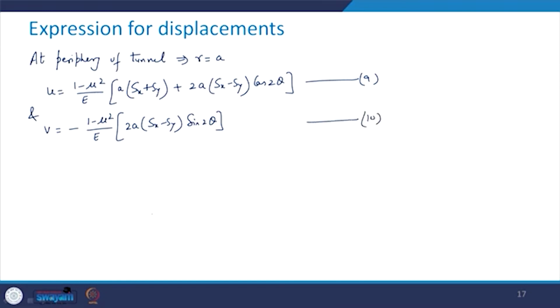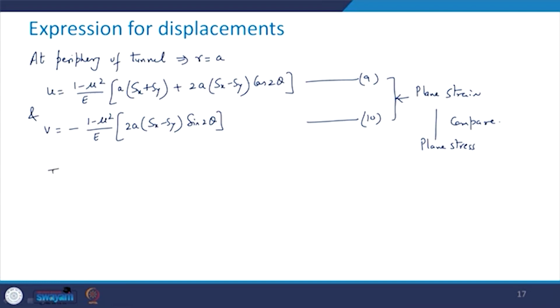Now, if you compare these two equations of the plane strain with those of the plane stress equations, so compare.